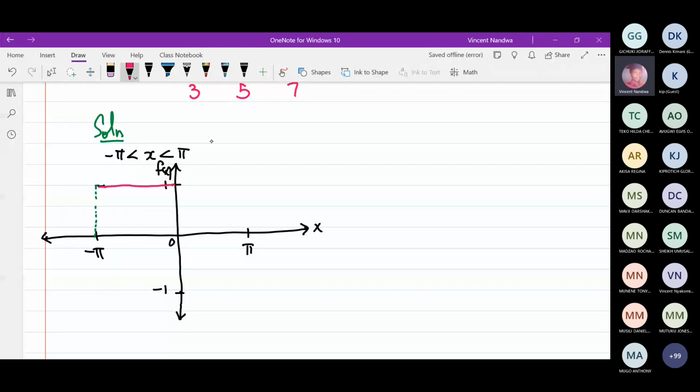And then from 0 to pi, the value of the function is 0. So then we'll have this.